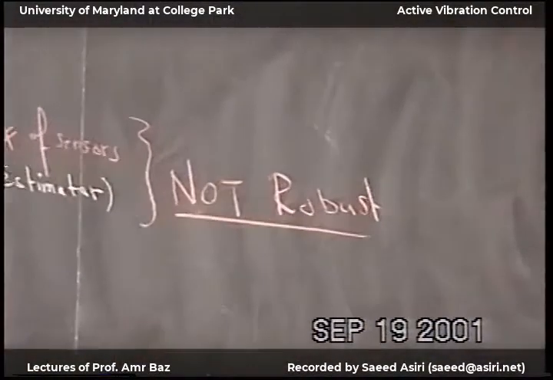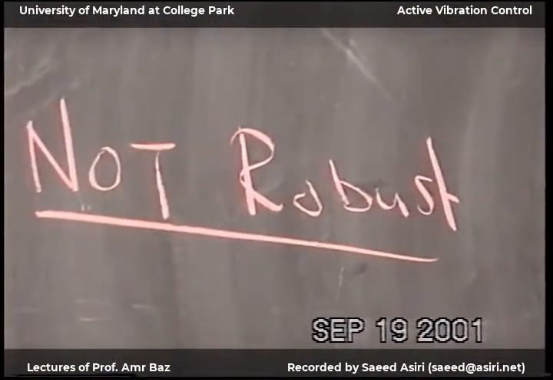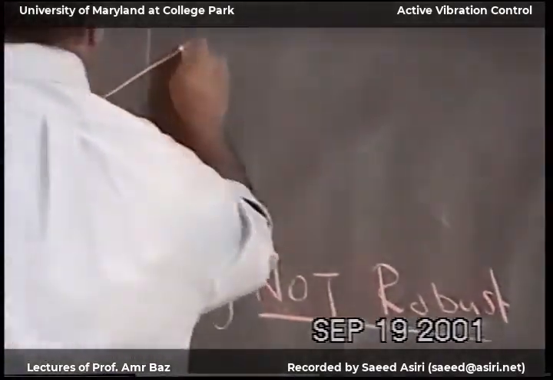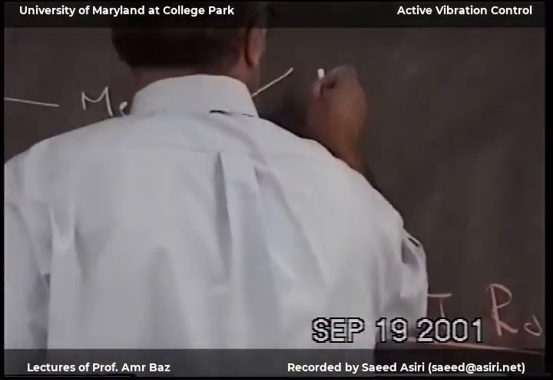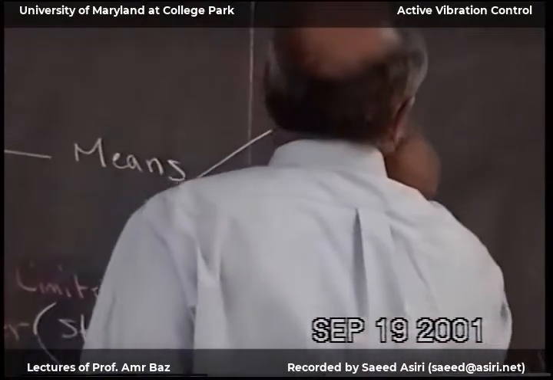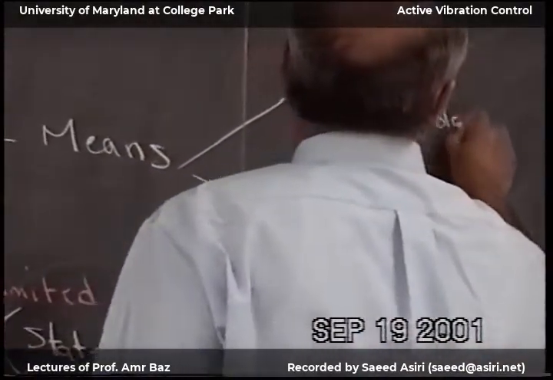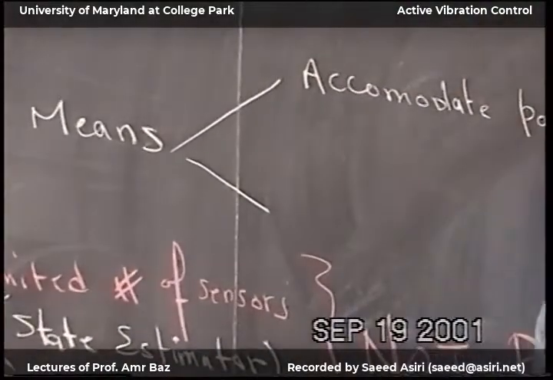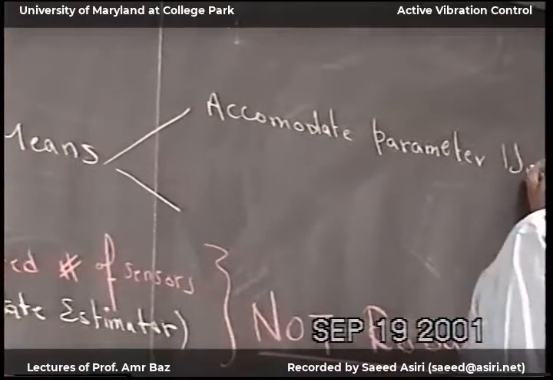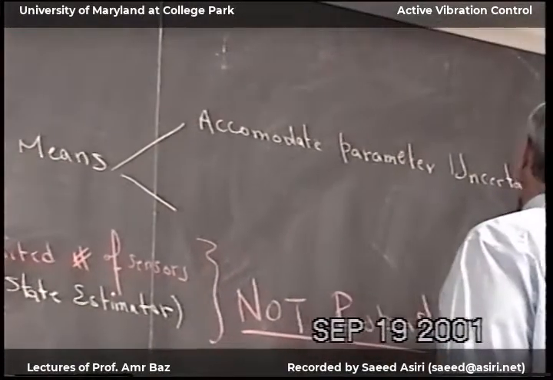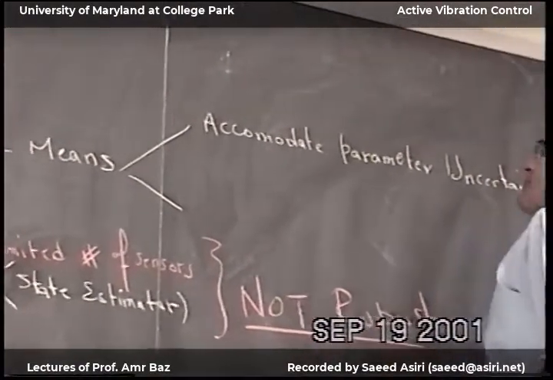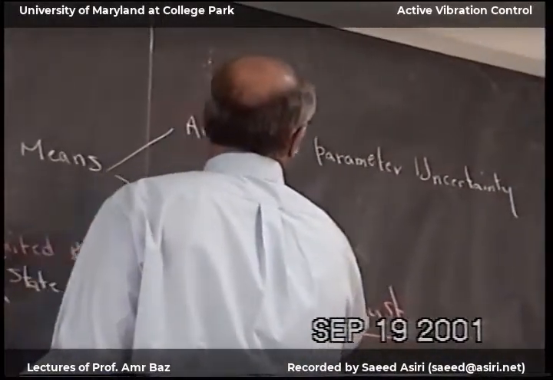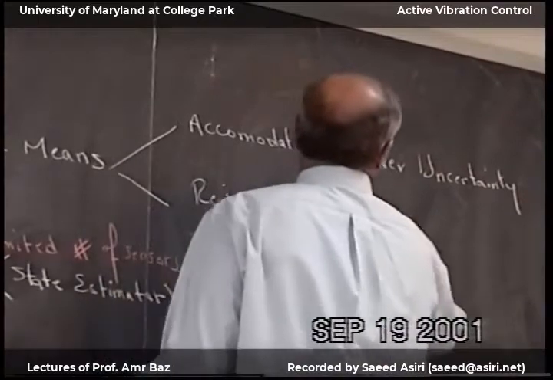And the word robust means accommodate parameter uncertainty, and can reject the effect of external disturbances.